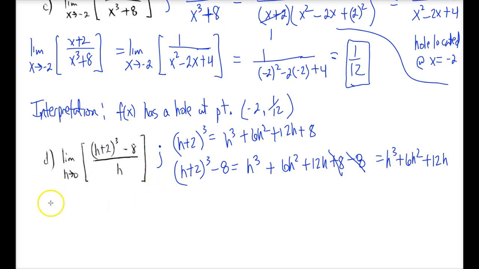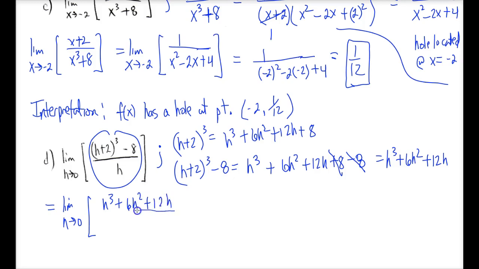So now we can actually figure out this limit here. The limit as h approaches 0 of what we have in here will be the same as saying the limit of h cubed plus 6h squared plus 12h, all of that divided by h. And of course here, we can factor an h out of all the terms in the numerator.